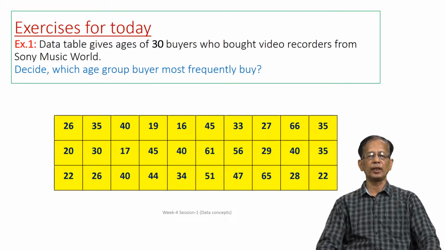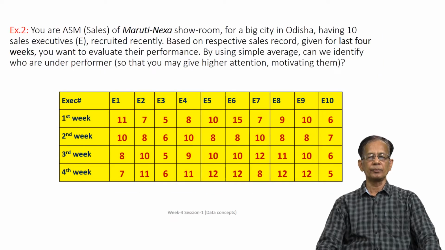Let me present one more example. Suppose we have 10 sales executives looking after the sales of Maruti Nexa, working in one showroom, say in your city, and the superior, the ASM sales manager, is trying to find out who is efficient and who is not.